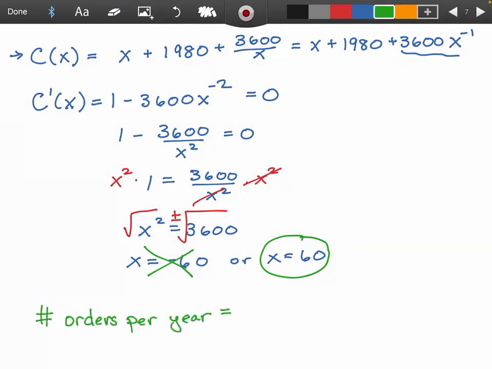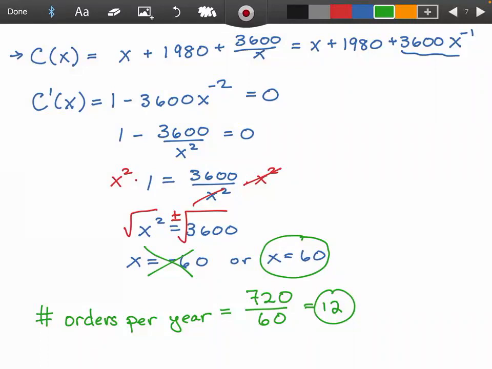We already figured this out before. It would have to be 720 divided by x. So it'd be 720 divided by 60, which is, let's see, 72 divided by 6 is 12. Okay. So those are our answers. We're going to order 12 times a year, 60 calculators at a time.